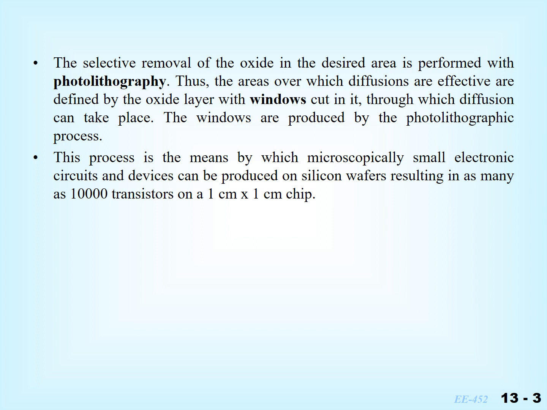Here we have a mask, which is the electrical layout of the circuit that has to be transferred onto a chip. So we will see the multiple steps used in the photolithography process.